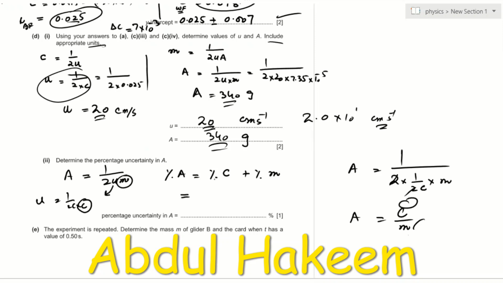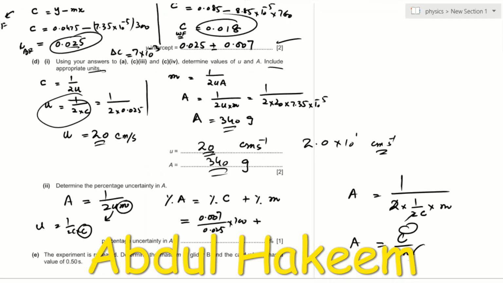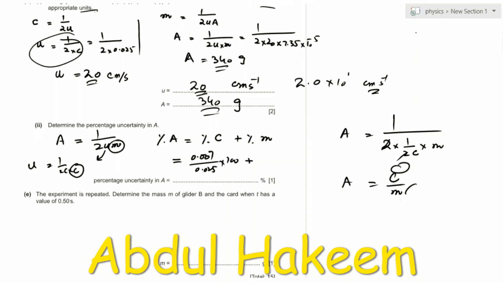So we will write the percentage uncertainty of C, which is 0.007 divided by 0.025 into 100, plus the percentage uncertainty of the gradient. Okay, so the percentage uncertainty of the gradient will be 1.47 into 10 power minus 5 divided by 7.35 into 10 power minus 5 into 100.